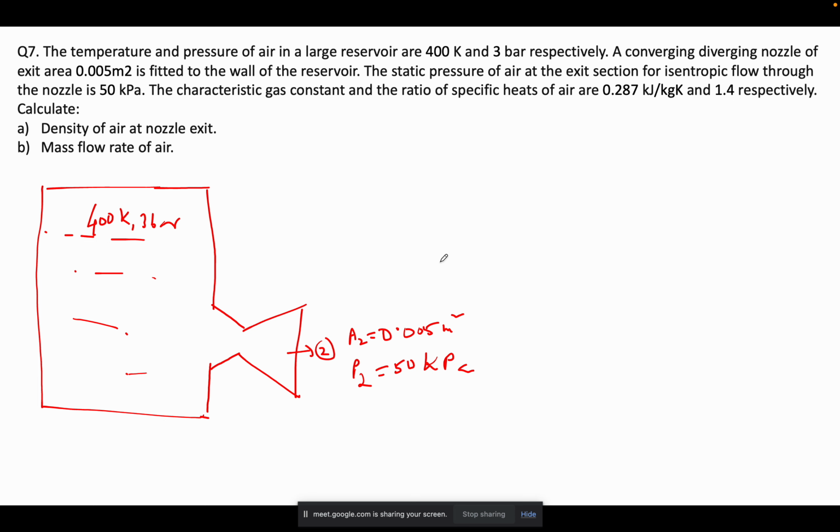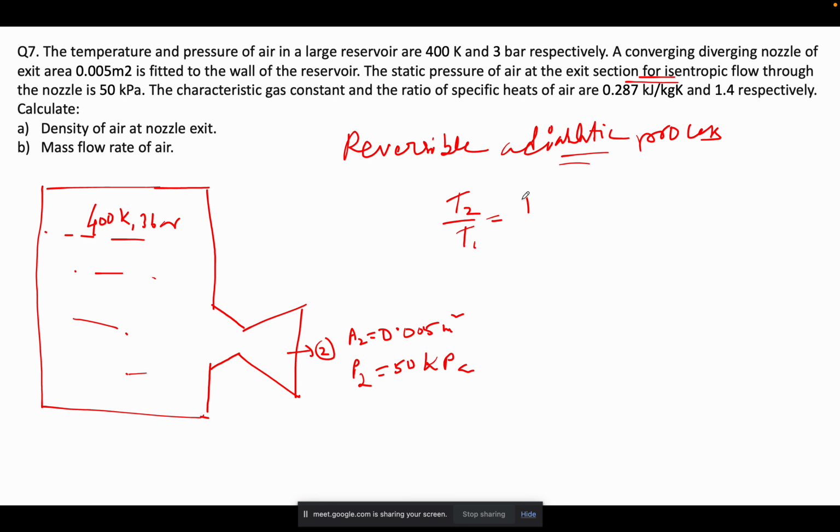Now since this is a converging diverging nozzle with an isentropic flow, this entire process is a reversible adiabatic process. And for a reversible adiabatic process, we know that T2 by T1 is equal to P2 by P1 to the power gamma minus 1 divided by gamma.